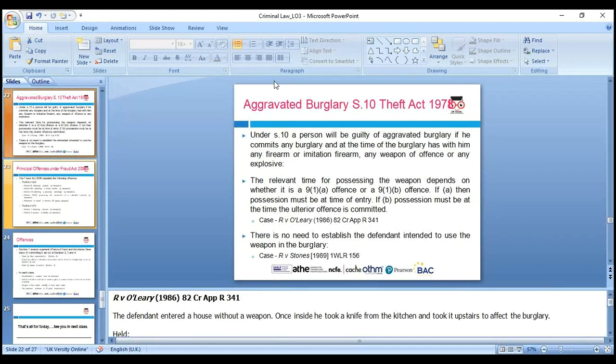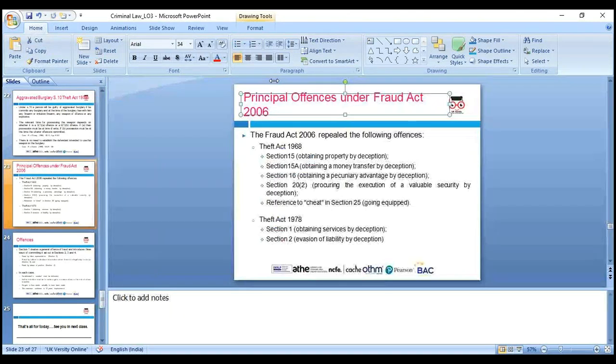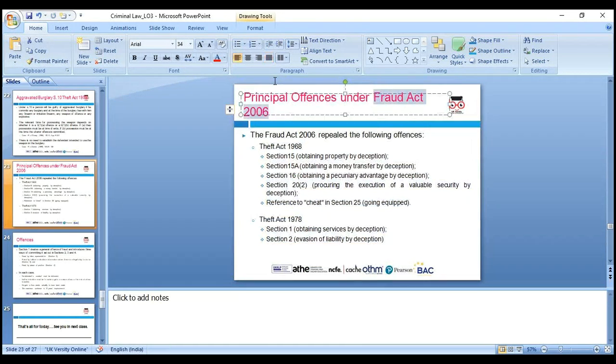So that was the Theft Act, and now it is called the Fraud Act 2006. So now it has become the principal offense under the Fraud Act. All these acts were abolished and brought under one act, the Fraud Act 2006.